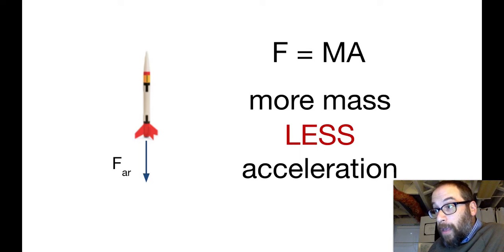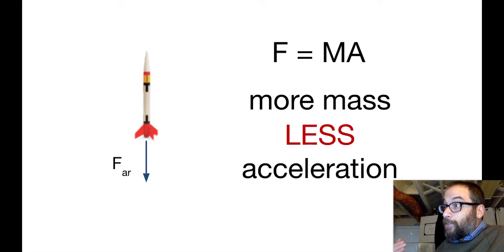With a greater mass, you get less acceleration. However, in this case, the decrease in acceleration means your rocket is slowing down at a lesser rate. In other words, it's slowing down slower. Okay. It's harder for the air resistance to stop or change the motion of your rocket if it has more mass. So, where does that leave us?